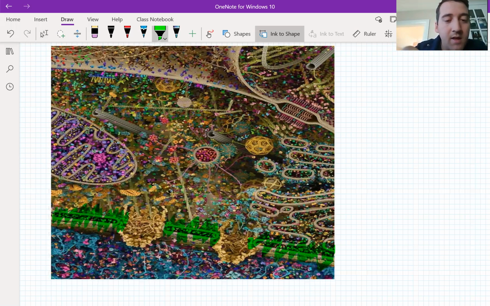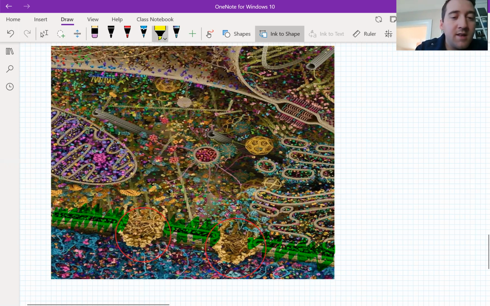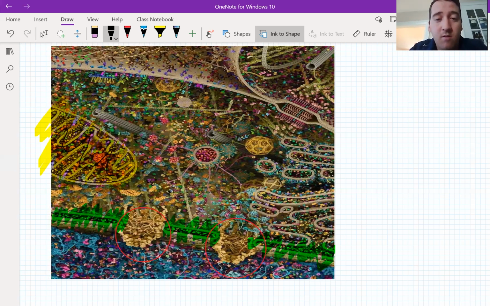These are the gaps in the cell membrane that let some things through and not other things through. This here, highlighted in yellow, is a mitochondria. Complicated things, but as you can see, it's an oval shape with a squiggly line. It's more complicated than a squiggly line, but a squiggly line will do for us for right now.